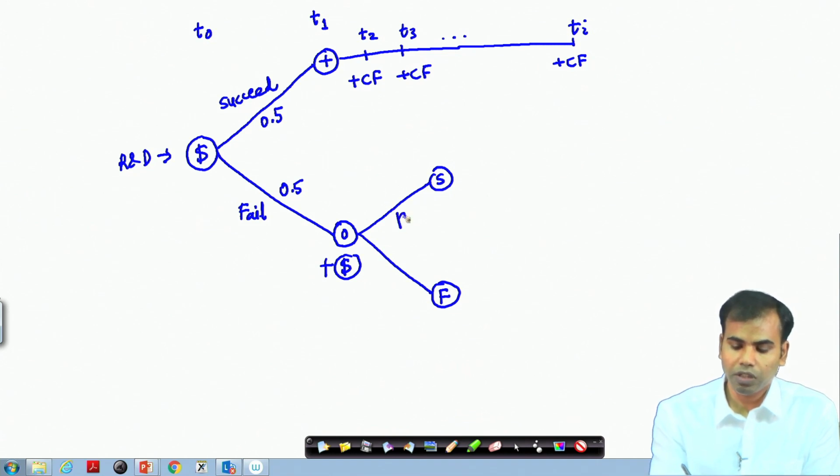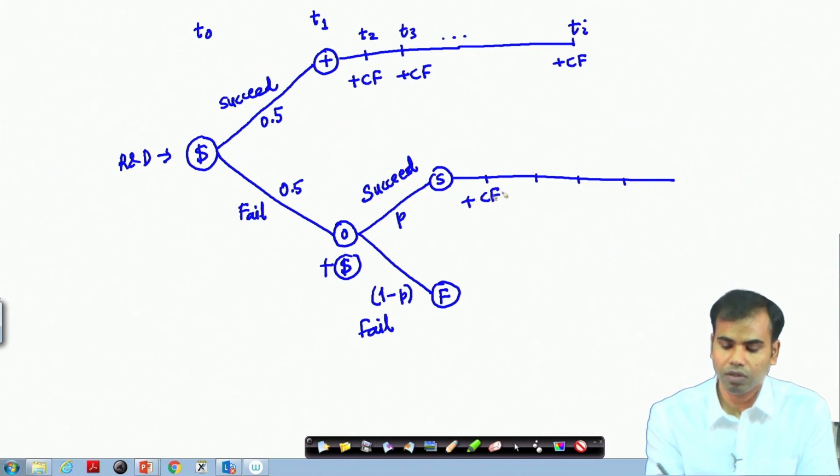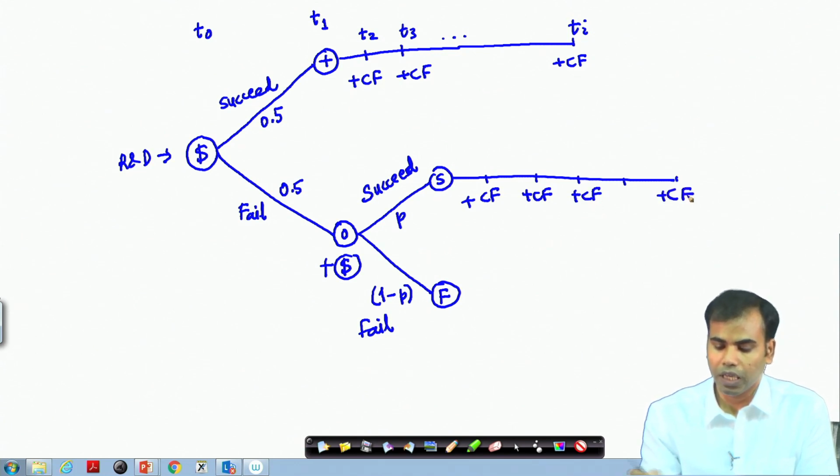So, a certain probability will be there of success and failure. Probability of success is defined as p and probability of failure is defined as 1 minus p. So, this could be the success case and this is the fail case, and if you succeed you start getting certain cash flows for some future period, and if you do not succeed you get nothing.